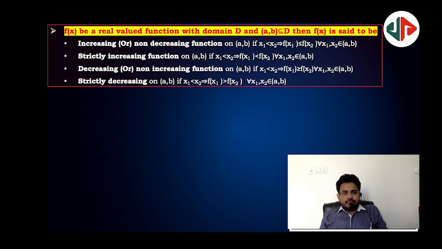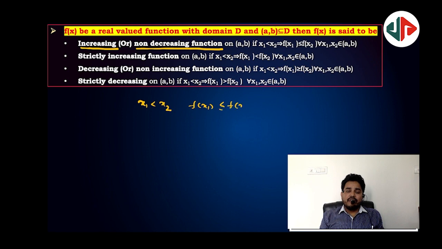See, if f is a real valued function with domain D, and a comma b belongs to the domain, then f of x is said to be increasing or non-decreasing for every x1 less than x2, f of x1 is less than or equal to f of x2.